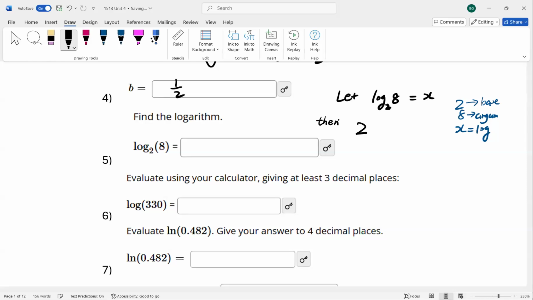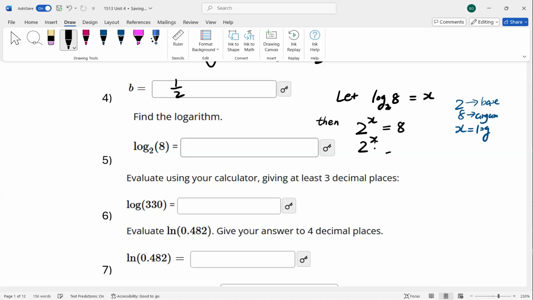Base to the power of log equals the remaining part, which is the argument, 8. Which number would make that equation true? Or 2 to the power of what gives 8? That's a very simple exponential equation.